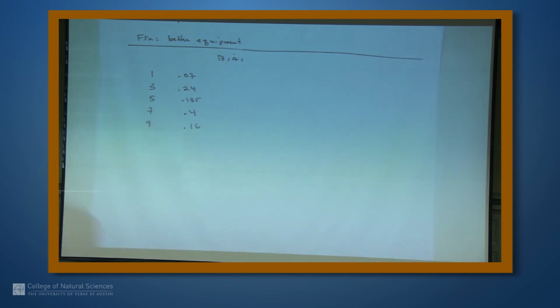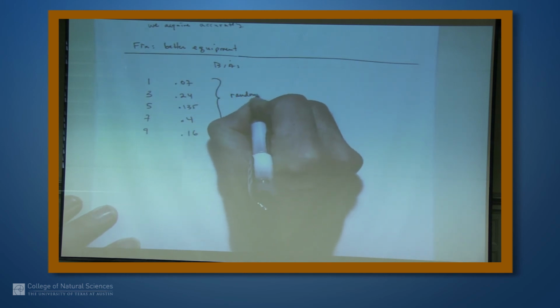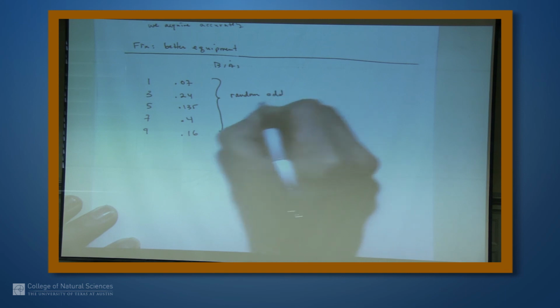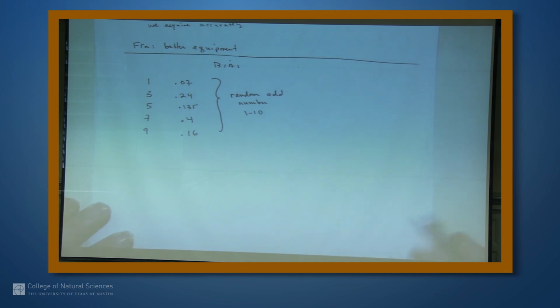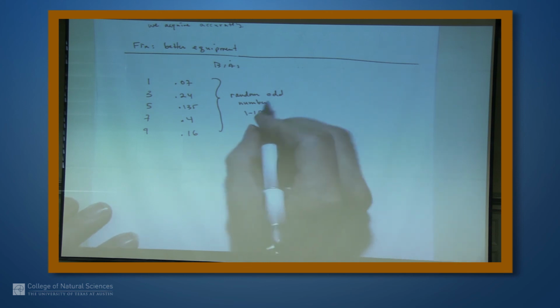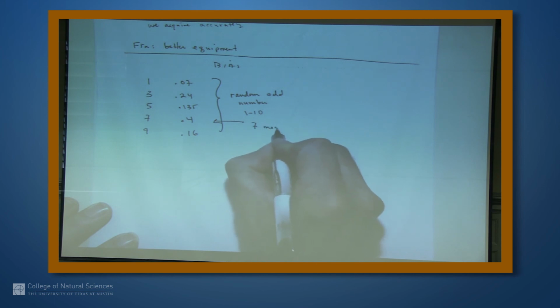So this illustrates, and you can put in your notes, this was a random odd number, 1 to 10, and 7's the most preferred.